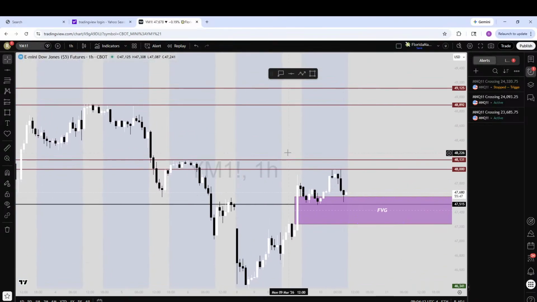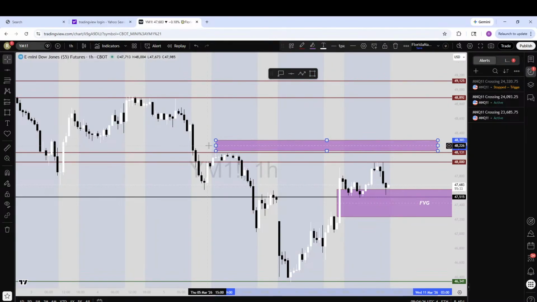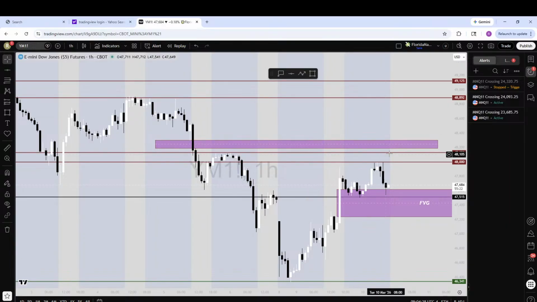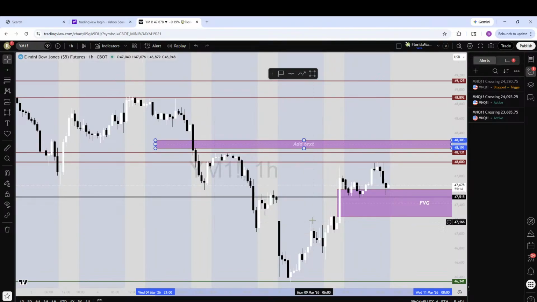Let's go up and look for gaps. Fair value gaps. Okay, I found one. Okay, that's another gap.